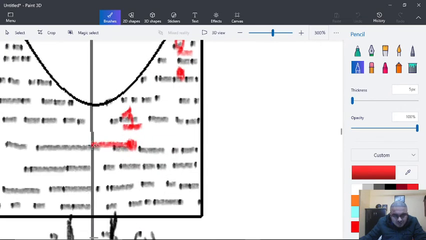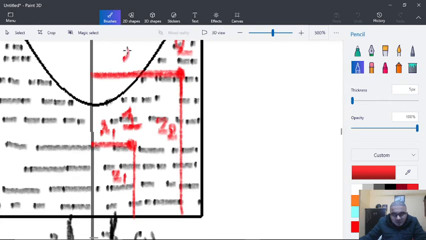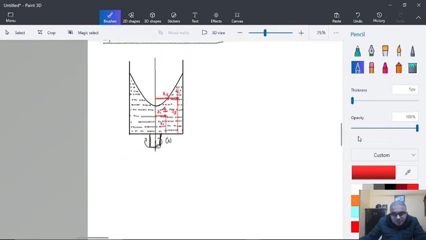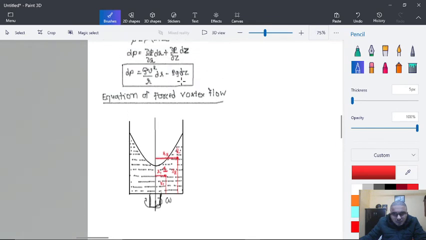This is located at radius r1 and this is at height z1. Similarly, this point number 2 is located at z2 height at radius r2. So now we will continue with this equation itself.